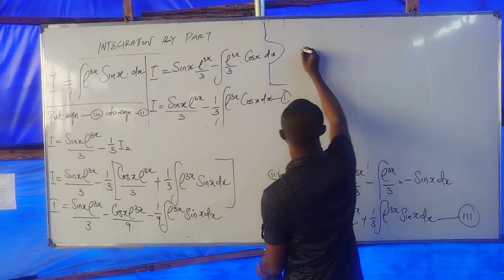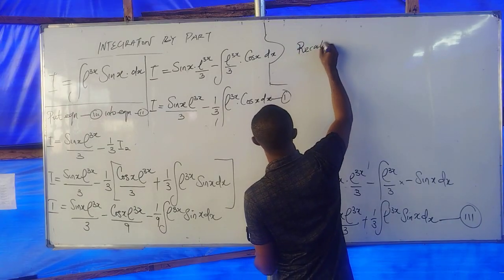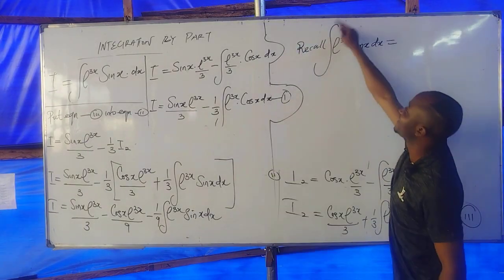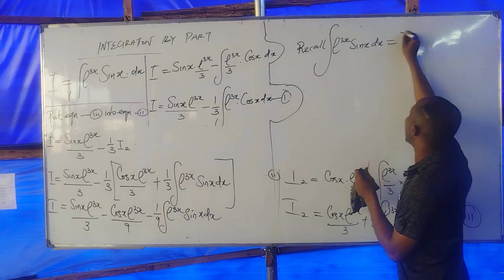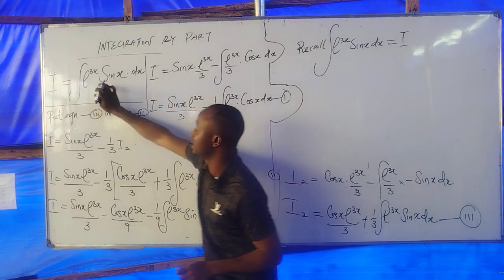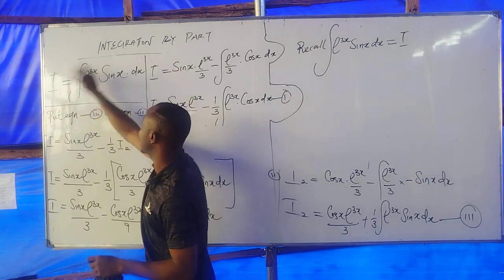So we say that, recall that the integral of exponential 3x sine x dx equals I, which is this integral here. So can I replace this here?